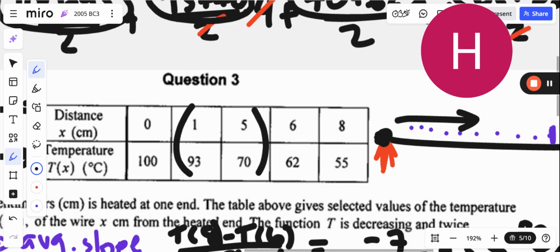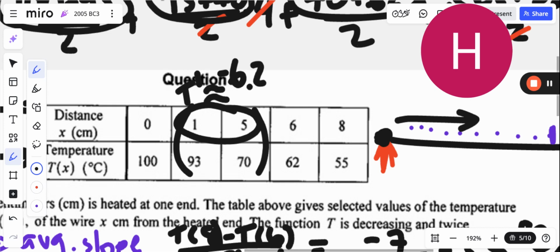Then from 1 to 5, T prime is approximately, subtract these, -23 over 4. So that's -6.25. Wait, -5.75, sorry.